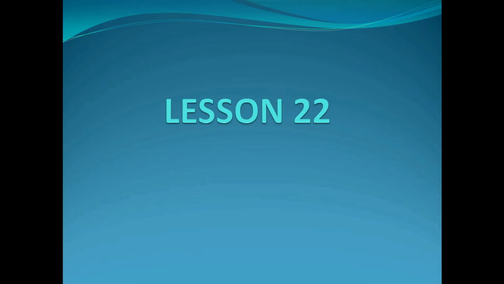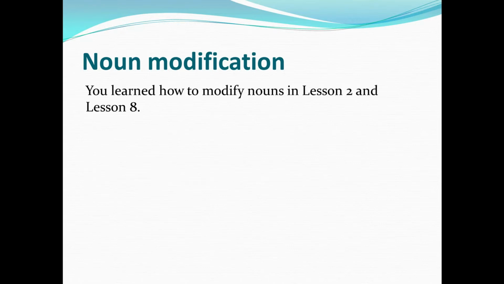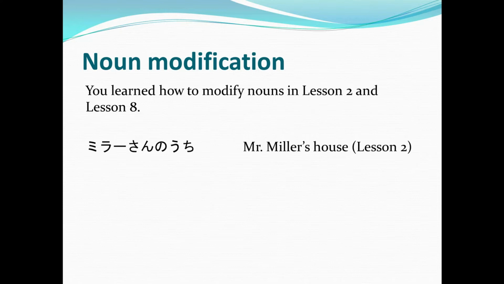Noun modification. Before we dig deeper into noun modification in this lesson, let's take a look back at how we modify nouns, as you've learned in lesson 2 and lesson 8. Remember in lesson 2, we discussed Mira-san no uchi, or Mr. Miller's house, how you modify a noun making it a property of someone.